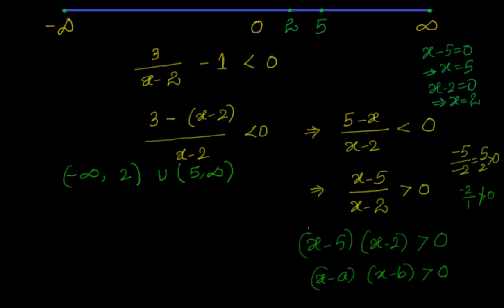When will it become more than 0? When this term is negative and this term is negative, then it will be positive. Otherwise both of them need to be positive. So either both of them need to be negative or both of them need to be positive. That will give you this particular interval. Now the solution of this is nothing but minus infinity to 2, union 5 to infinity, boundaries not included.